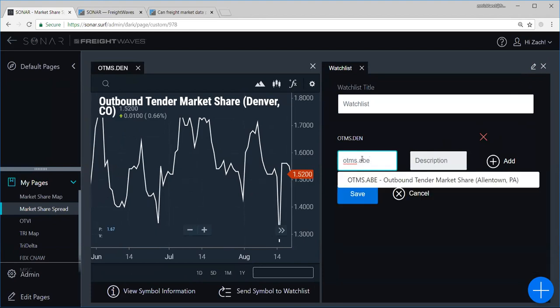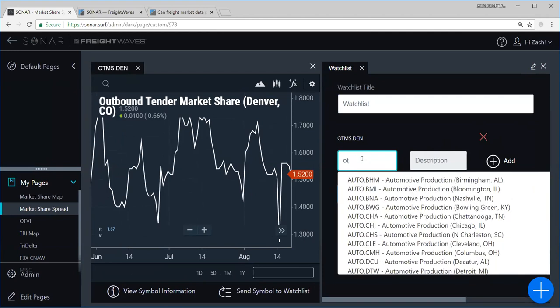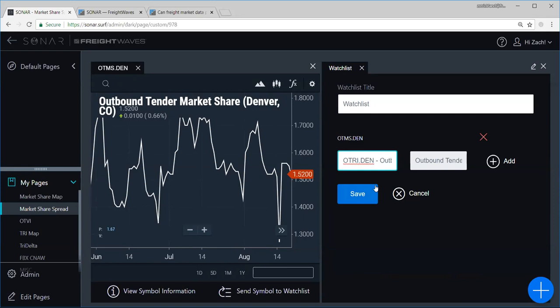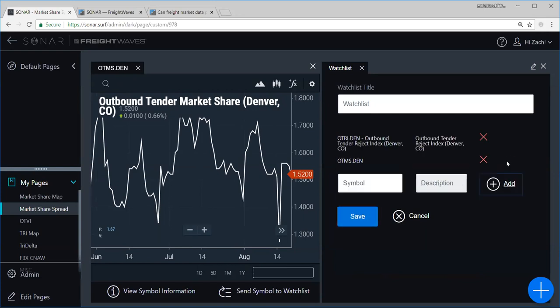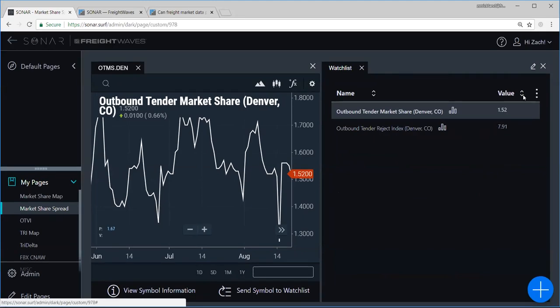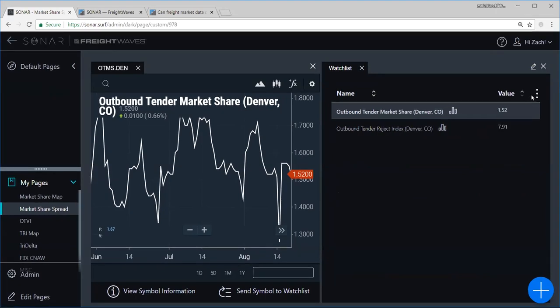Of course, you can add OTVI and anything else that's available in SONAR as well. So you keep these on your watch list, hit add over here, save, and now you've got a watch list. Eventually, we will have change over time and things like that available, but right now we don't.